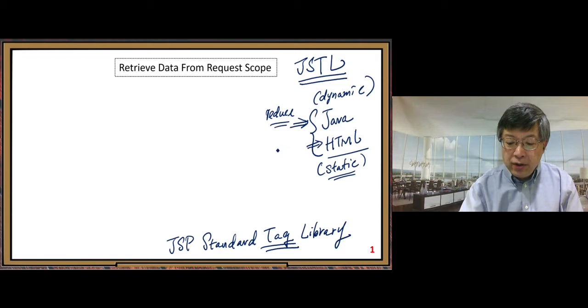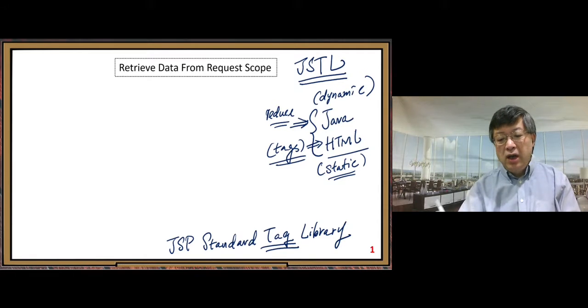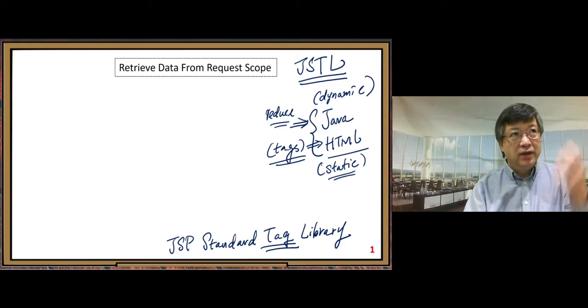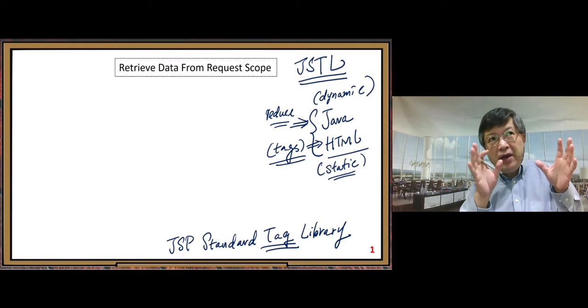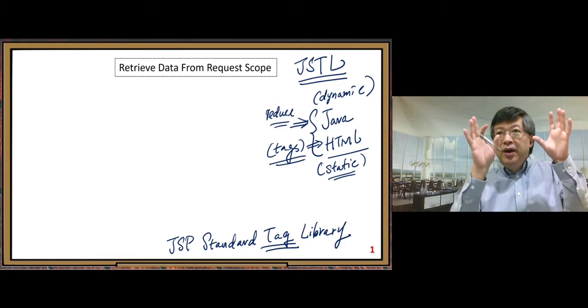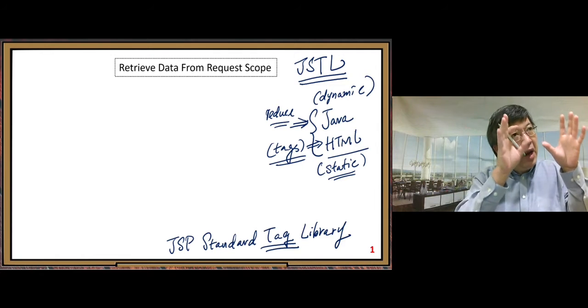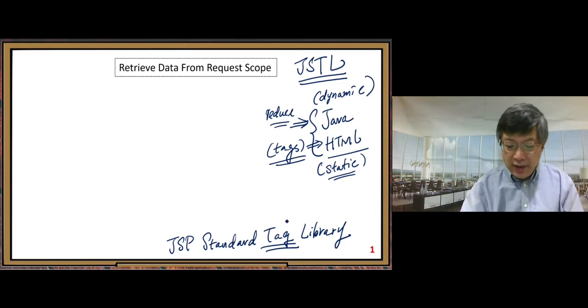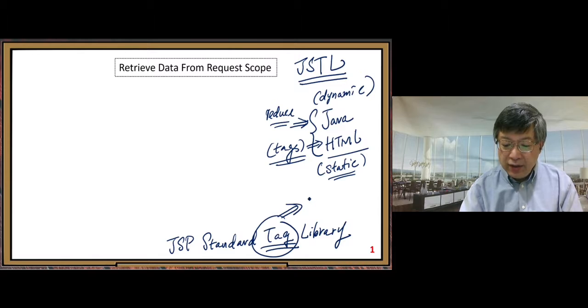In the HTML part, typically we use tags, right? That's the tag environment. The Java code part does not use tags. So the JSP designers thought they could put a lot of dynamic features using the tag way.